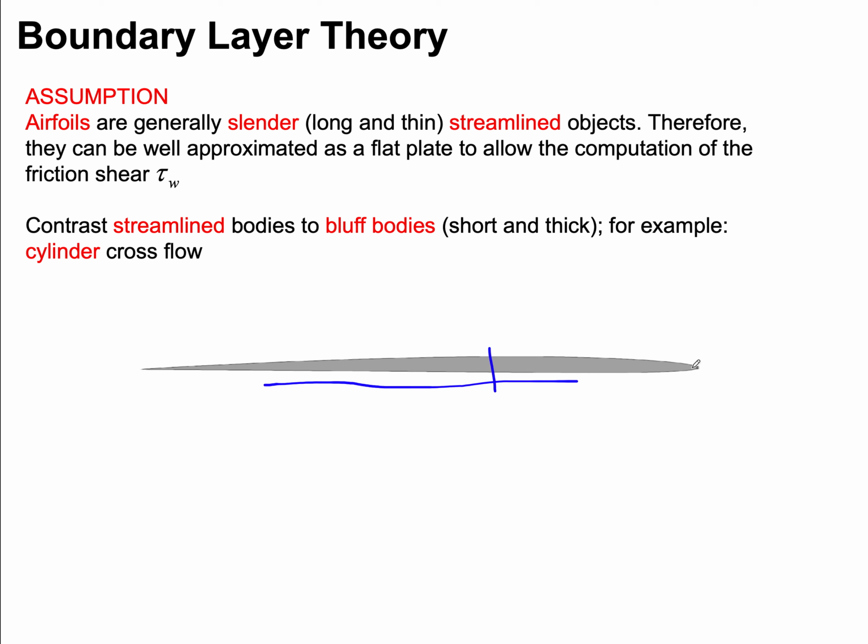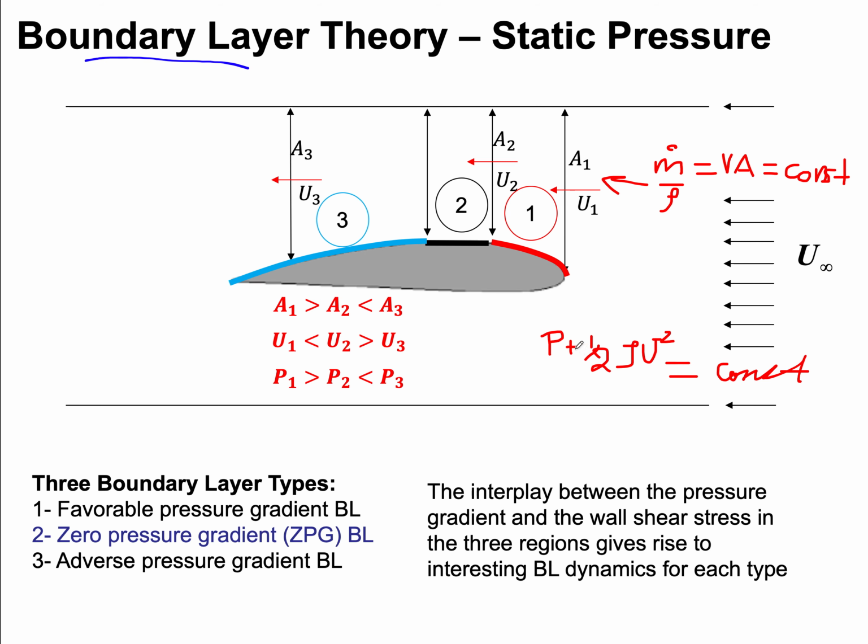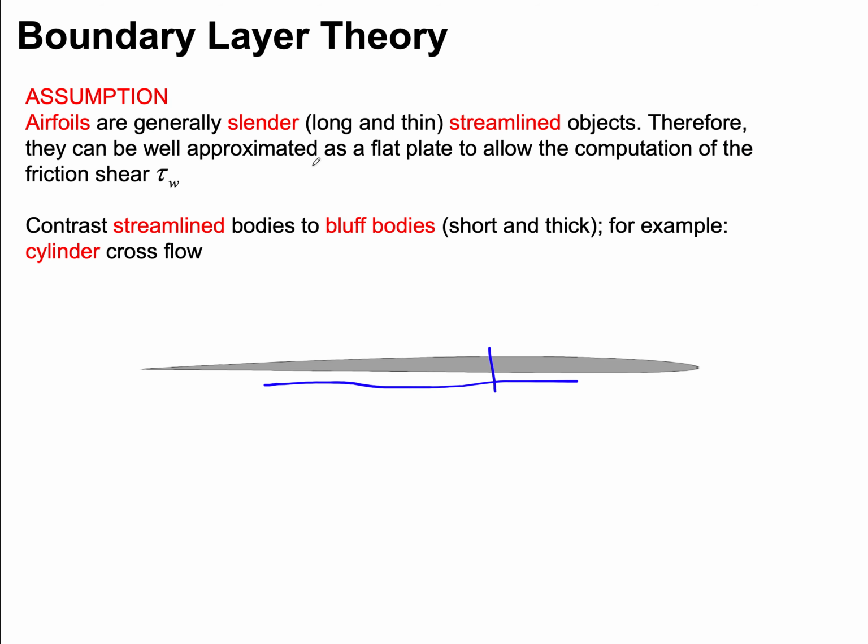In this case, just like in the previous example where we had A1, A2, and A3, if I have a really long, really slender airfoil, that is, the thickness to length is very small, or the length to thickness is very large, then the variation in area between a streamline far away and the surface of the object is very small, so the variation in velocity will be small, and then the variation of pressure is actually going to be small.